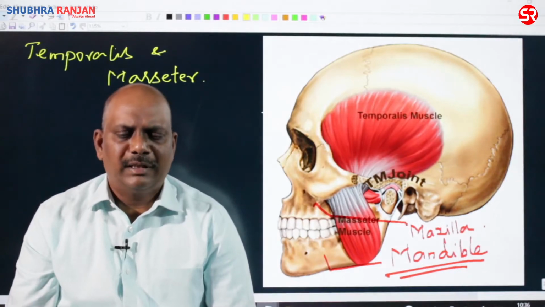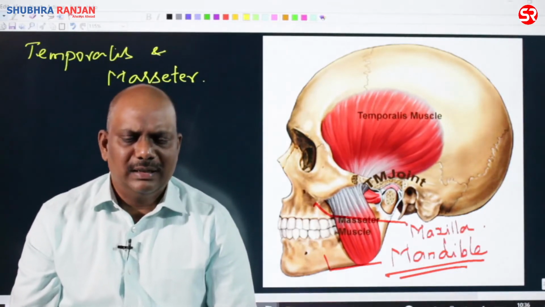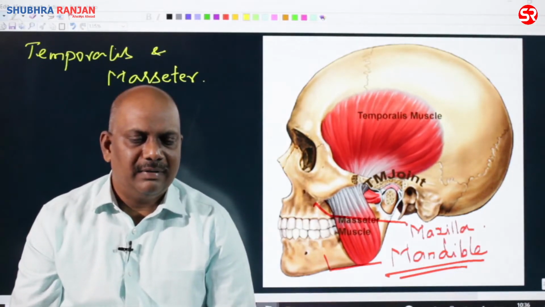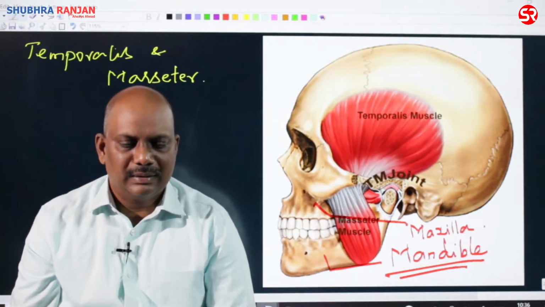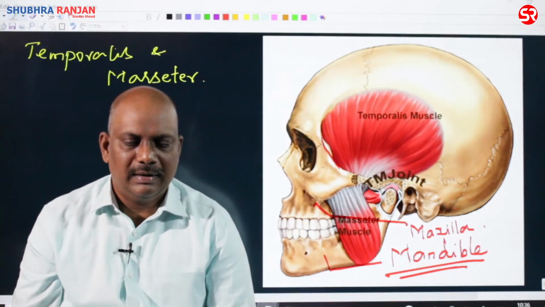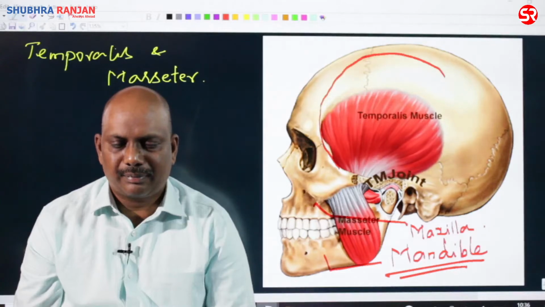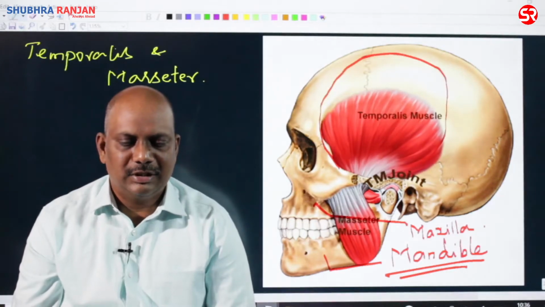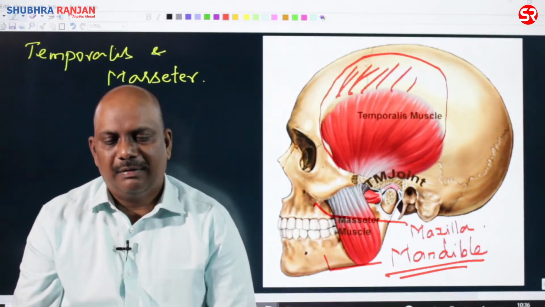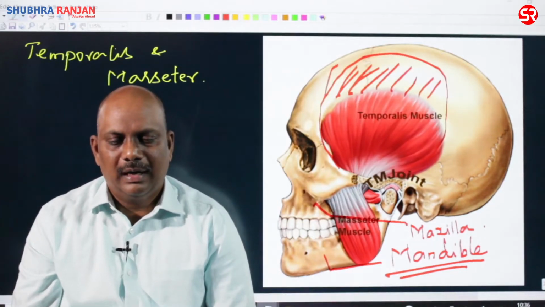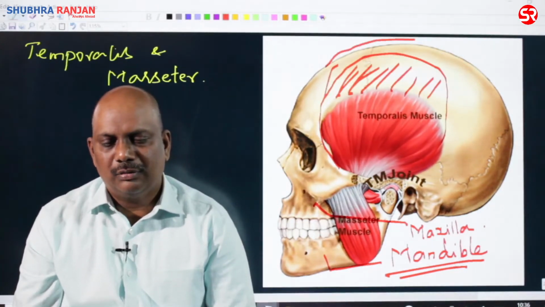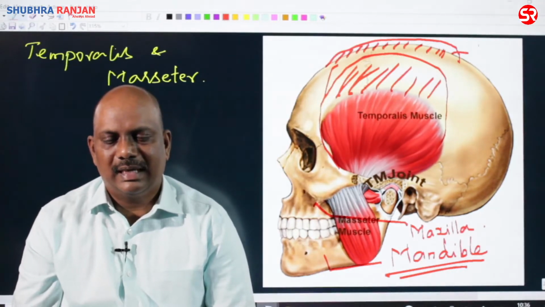So for the Australopithecus, these muscles were very large. These muscles used to be so heavy, and these muscles were further pulled here and they were attached to this sagittal crust.